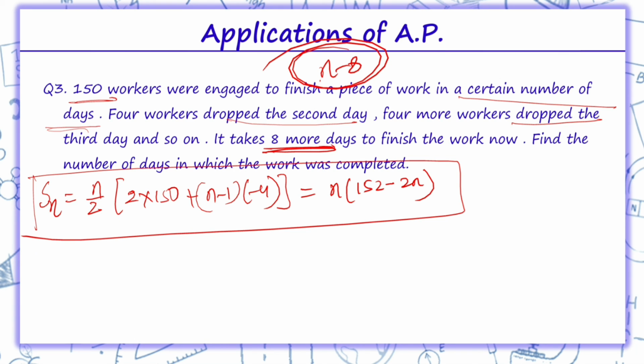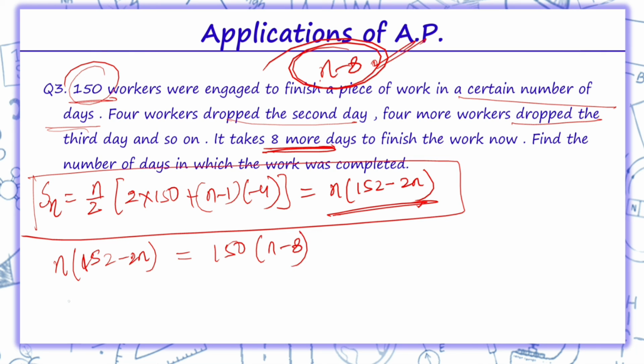Now as we know, if the workers had not dropped, then the work would have been completed in n minus 8 days. Now how many workers were there? 150 workers were there. So this work which is now taking 8 more days to finish, this same work would have been completed in n minus 8 days. So 150 into n minus 8.